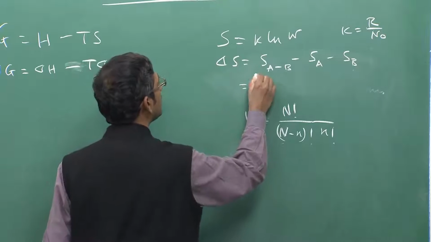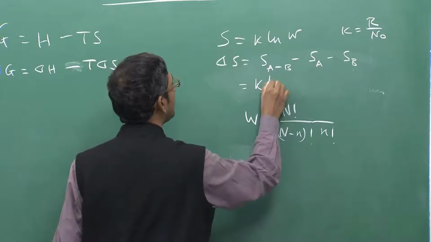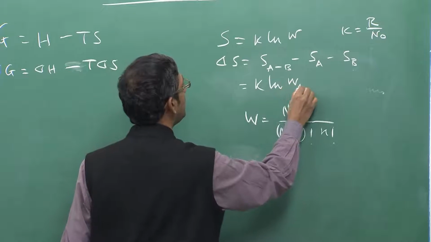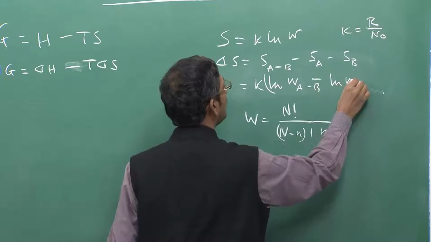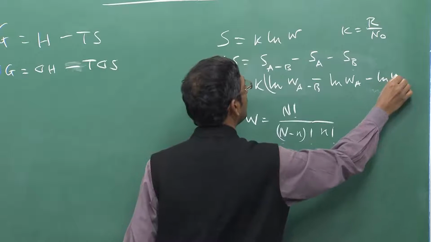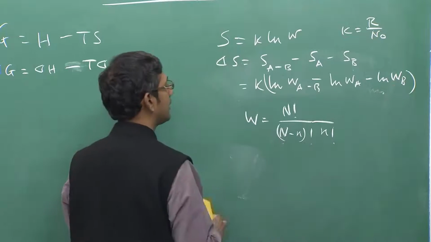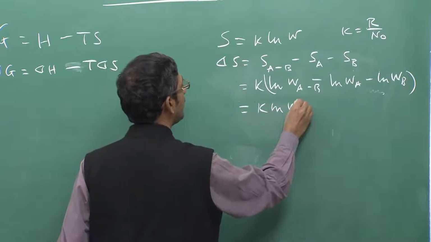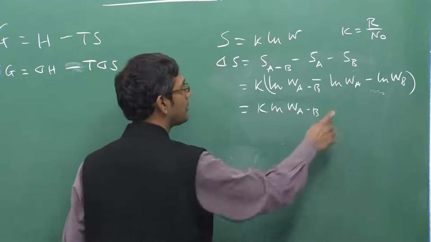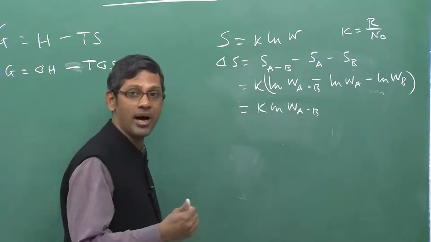So now I can write k ln WAB minus ln WA minus ln WB, taking k common. So that means I can write k ln WAB. Why? Because WA is 1.